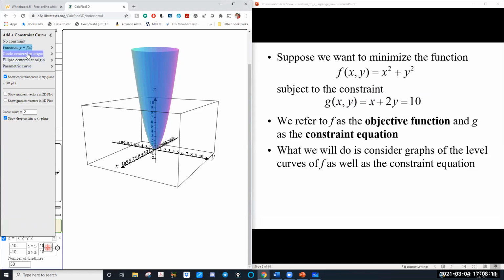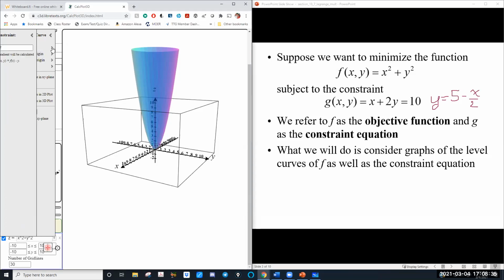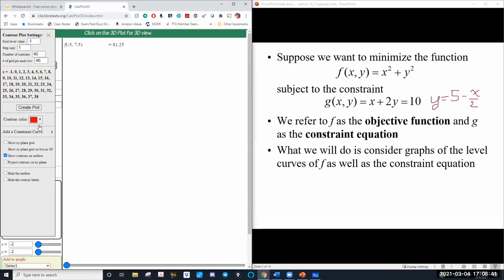You can also do it as a circle centered at the origin, an ellipse, or parametric equations, all those will work. This one's going to be fine for us. So our function solved for y would be y equals 5 minus x over 2. Just some linear function. And I should already have this in here. Yep. And let's get it added to our contour plot.